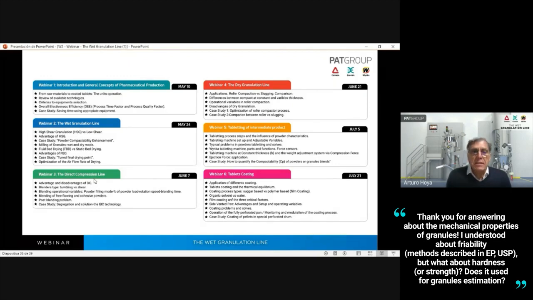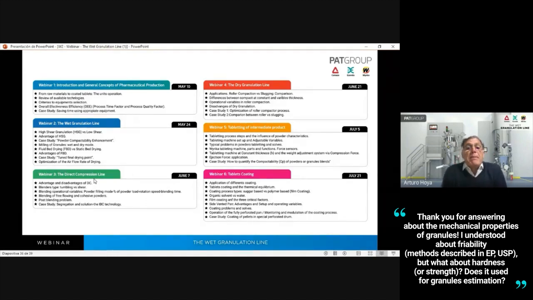But this tensile strength, this hardness, of course, depends on two aspects: the compactability of the intermediate product and the pressure we apply at the moment of tableting.